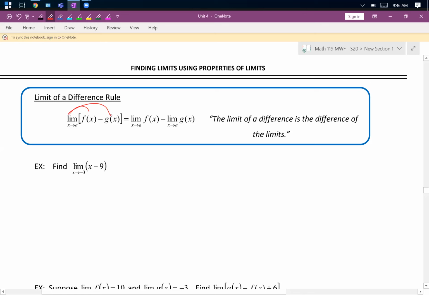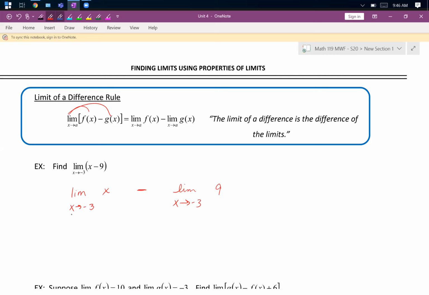If we want to find the limit as x approaches -3 of x minus 9, this becomes the limit as x approaches -3 of x minus the limit as x approaches -3 of 9. So I'm not going to use the negative a second time because I put the minus in between the two limits.